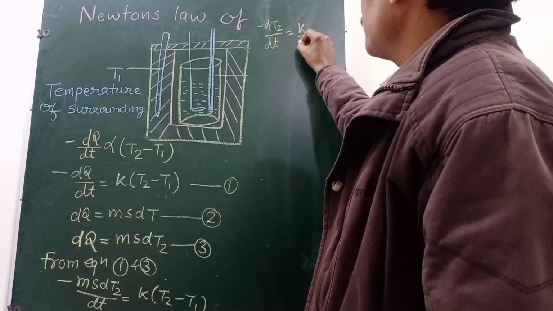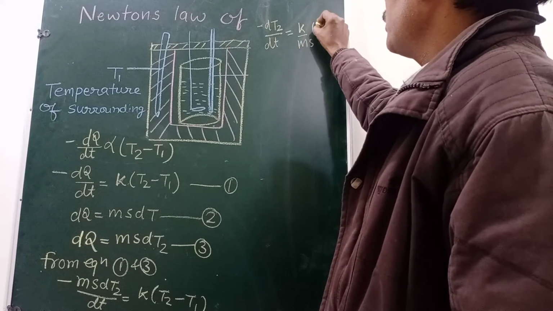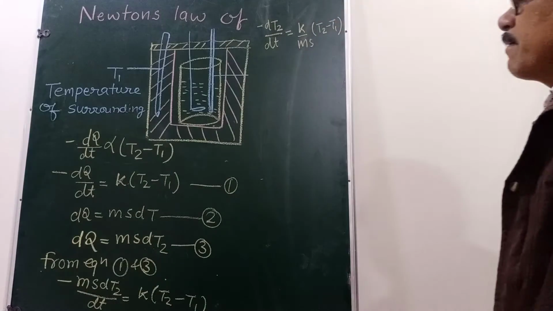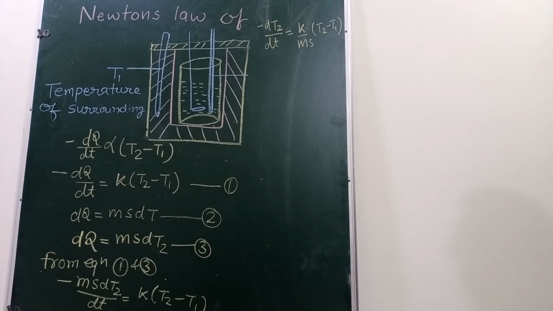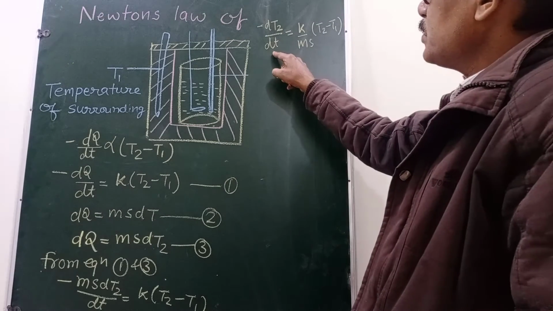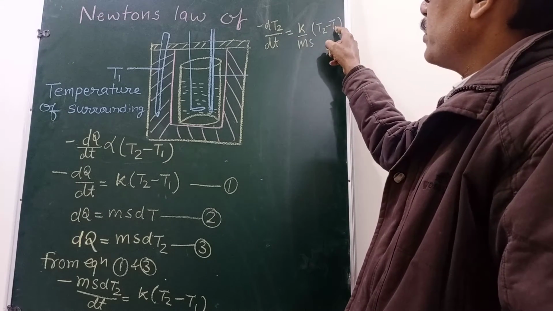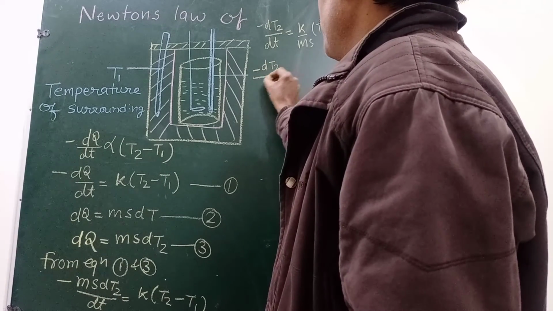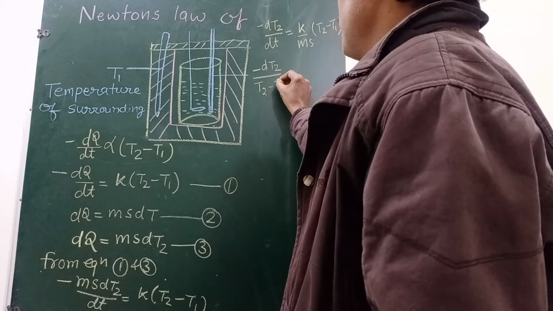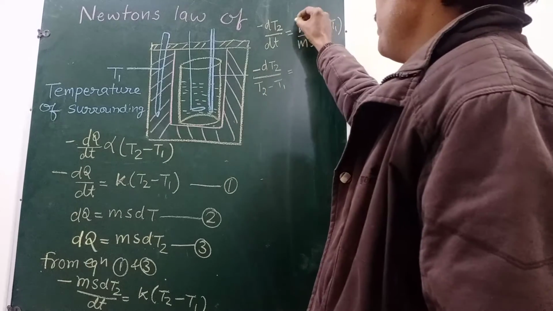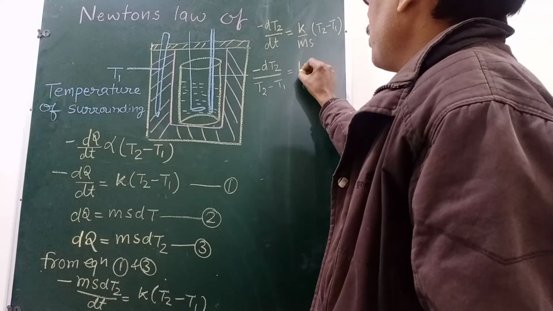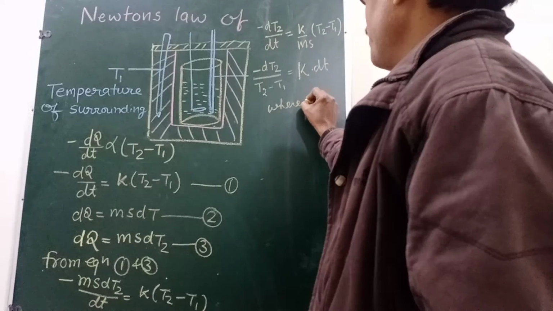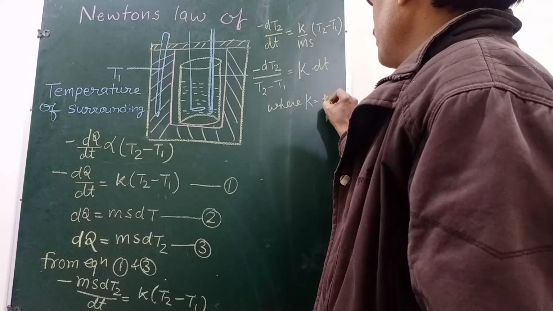So k upon m s in brackets (T2 minus T1), the difference in the temperature of the surroundings and the hot body. This dt stands for time. Now if you bring this T2 minus T1 here, so minus dT2 upon T2 minus T1 is equal to k by m s times dt. Take one big K, where big K is equal to small k upon m s.